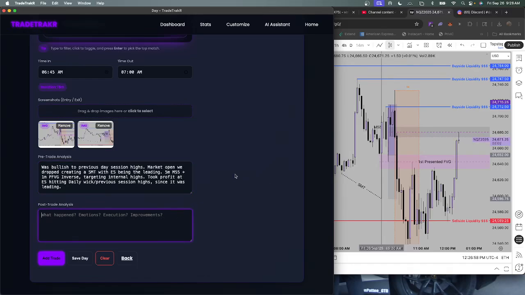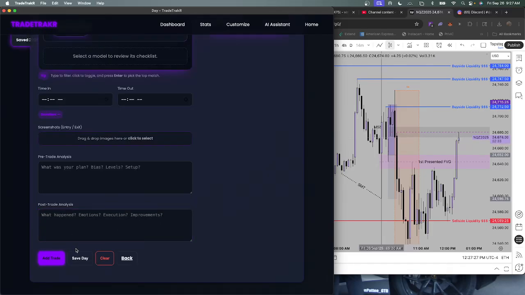Post trade analysis: executed well, managed emotions in position well. Understood when to take profit and when market would flip, and understanding market conditions.